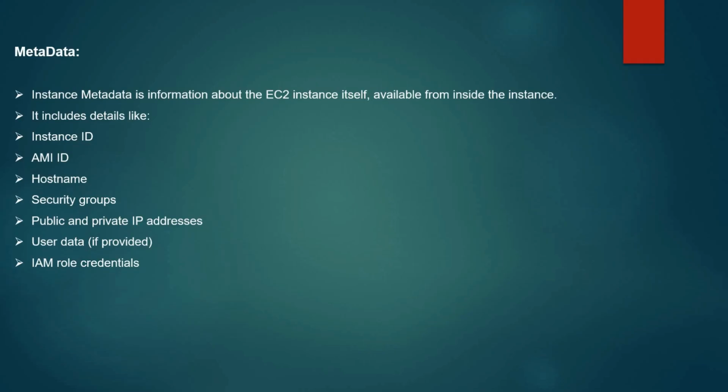It includes the instance ID, AMI ID, host name, what security group we are using, public and private IP addresses, user data if we provide any script, and IAM role credentials. This data will be available using metadata. So this is all about metadata.